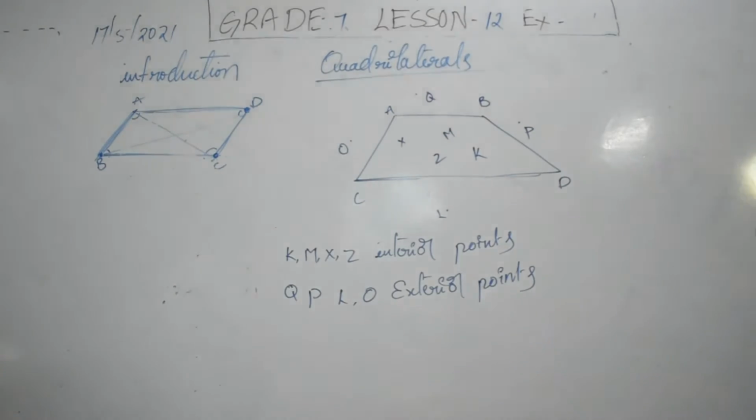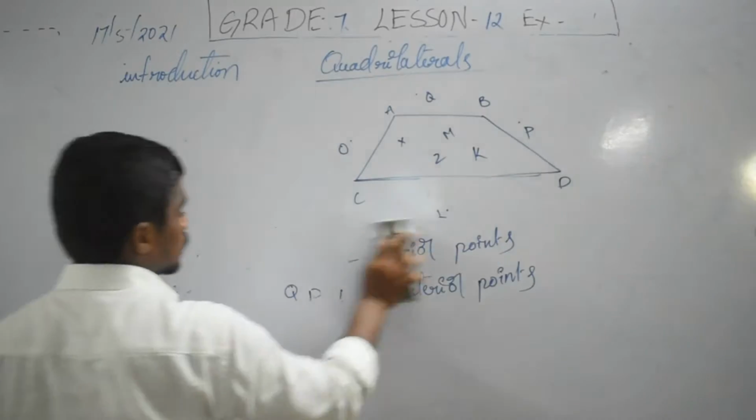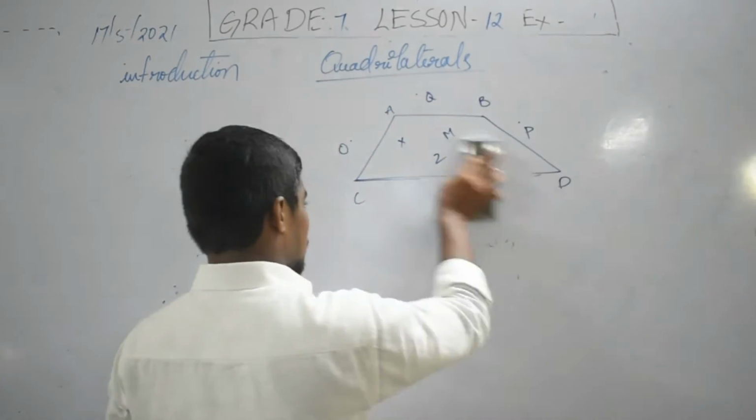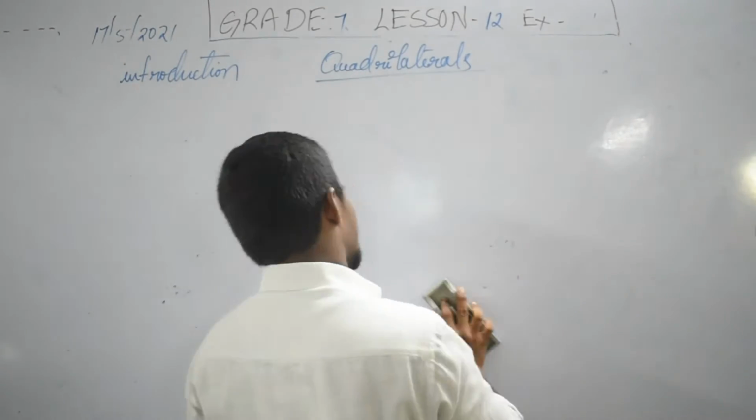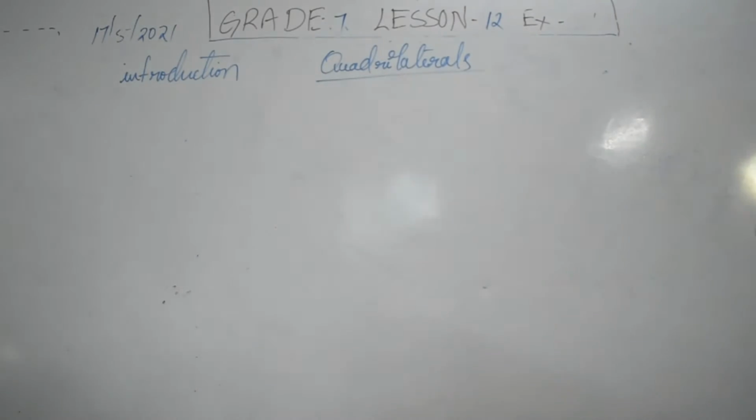Next one, concave and convex quadrilaterals. We have seen adjacent angles and opposite angles and adjacent sides. We have seen common vertex.